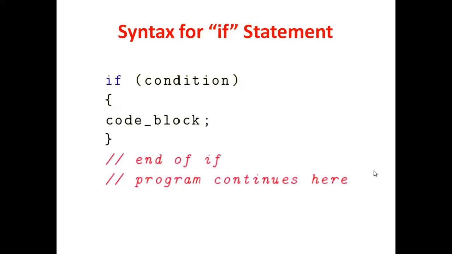If the condition is true, then the compiler will move into the code block and it will be executed. If the condition is false, it will move directly outside the if condition and the rest of the program will be executed. It will not go into the code block if the condition is false.